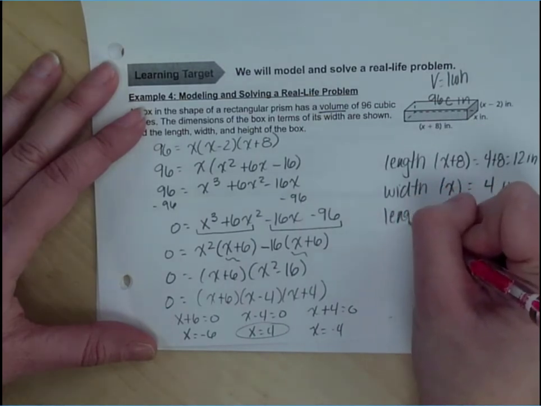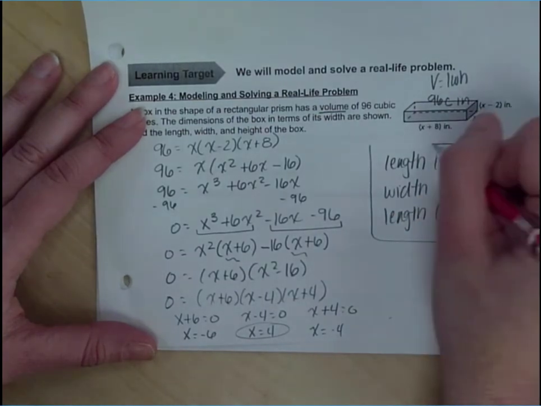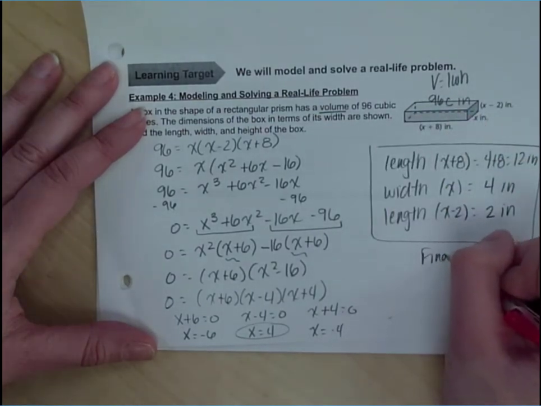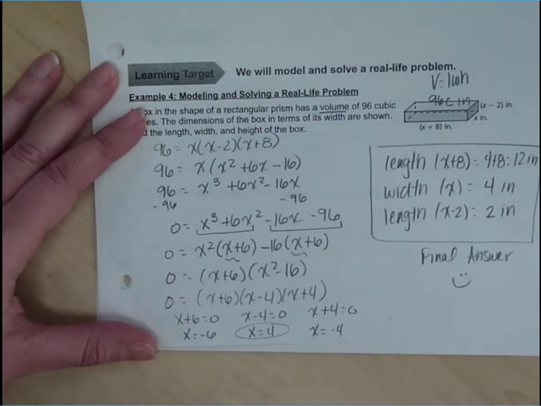And my height is x minus 2, so 4 minus 2 is 2. That gives me 2 inches. So my final answer. Look at that. Oh, nice and neat.